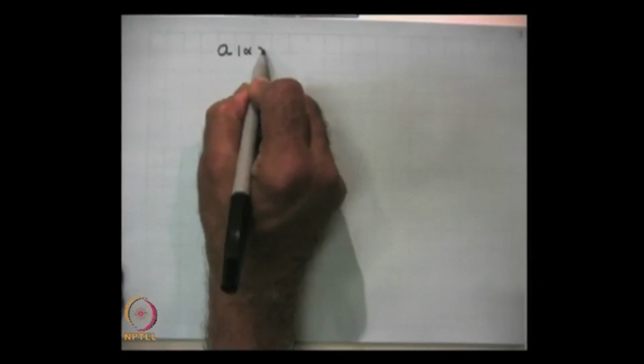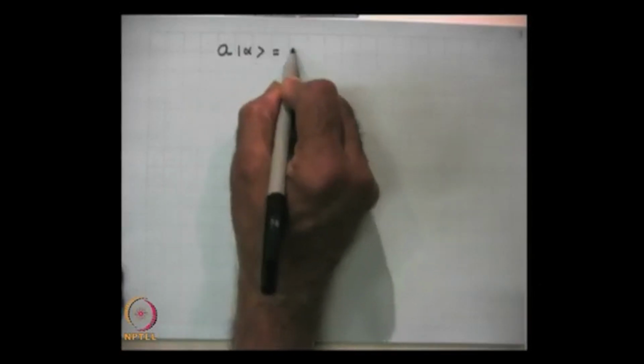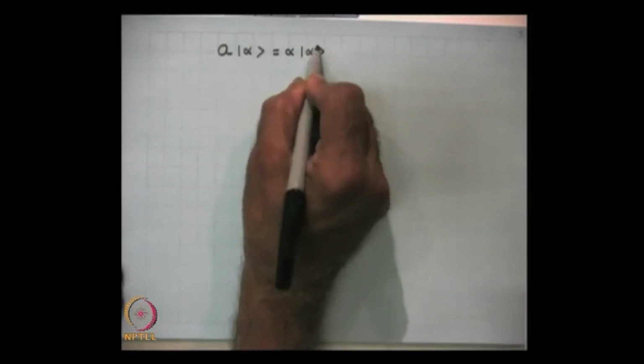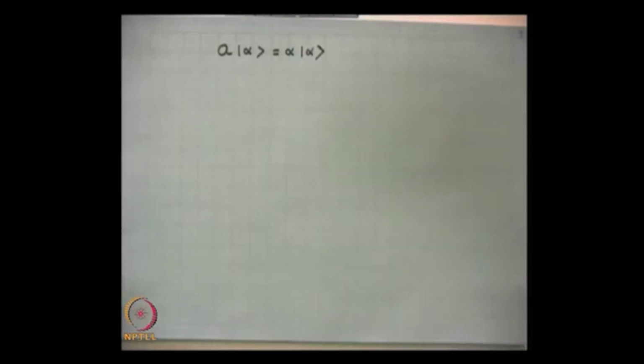Now, in our last lecture, what we had started is that we wanted to solve this eigenvalue equation, A ket alpha is equal to alpha ket alpha. As we had mentioned in our last lecture, A is a non-Hermitian operator, it is not a real operator.